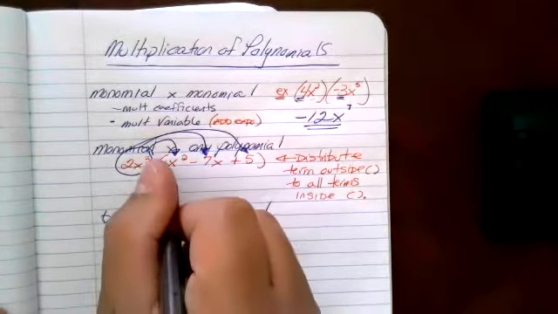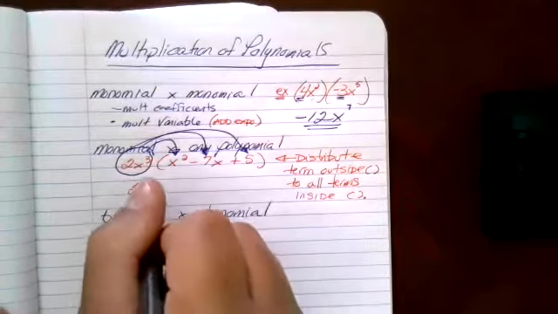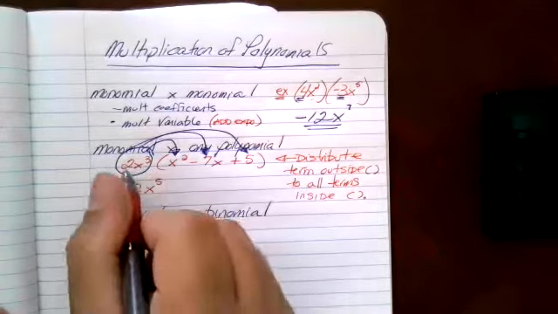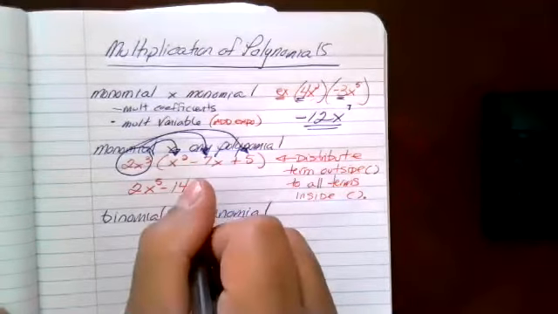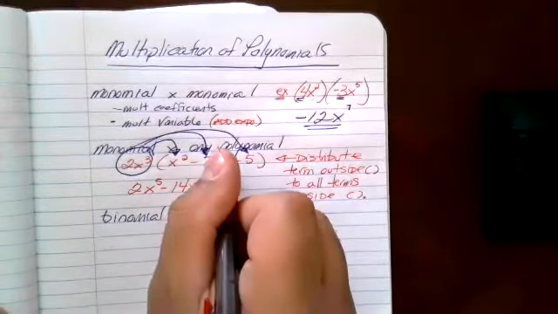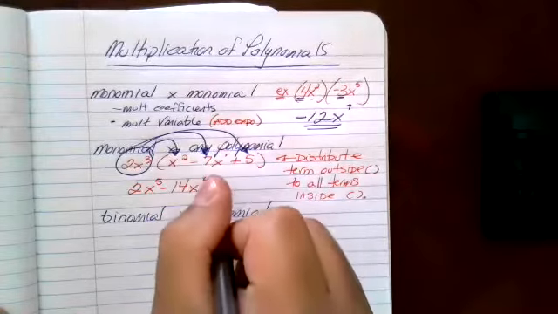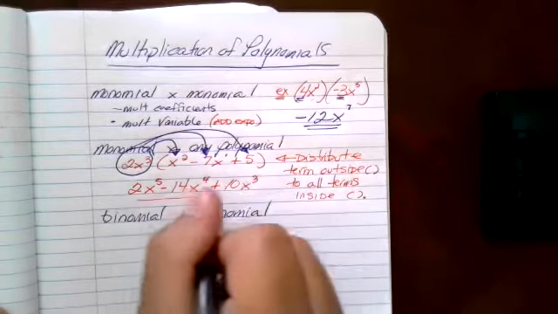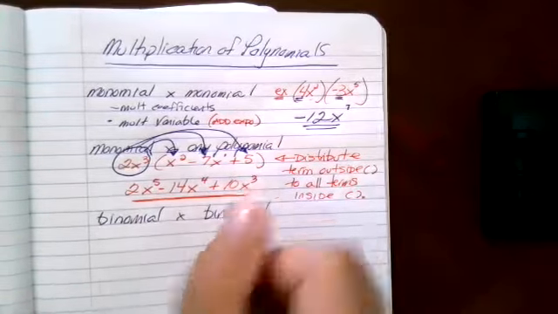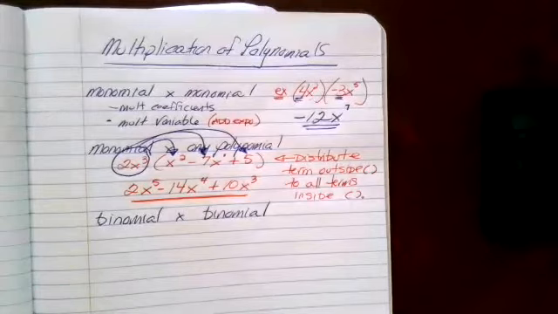So I'm going to have 2 times 1, which looks like 2x to the 5th. 2 times negative 7 is negative 14x to the 4th, because that's a first power, plus 10x cubed. We just multiply our term on the outside to all the terms on the inside.